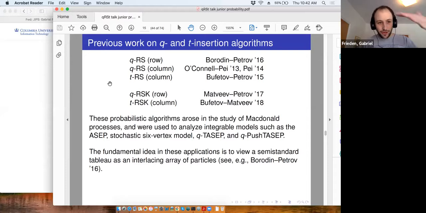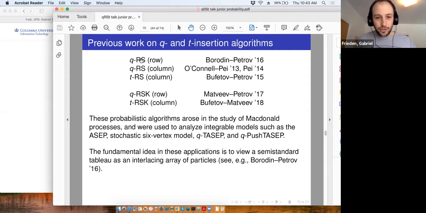But you can also think of inserting from the left. So you can try to put something in the first column, and if it needs to bump something, then that thing goes to the next column. So there are these two dual versions of the algorithm.